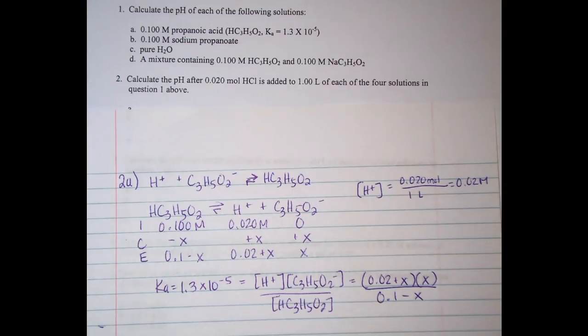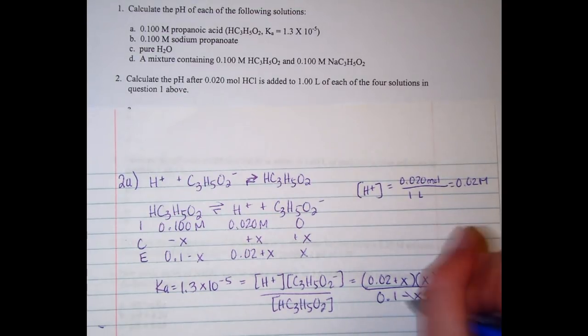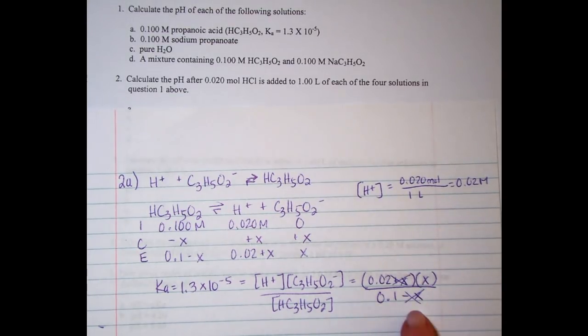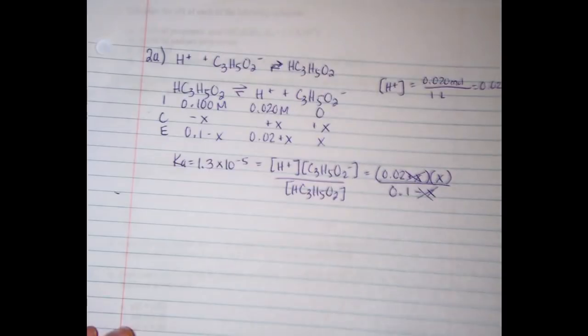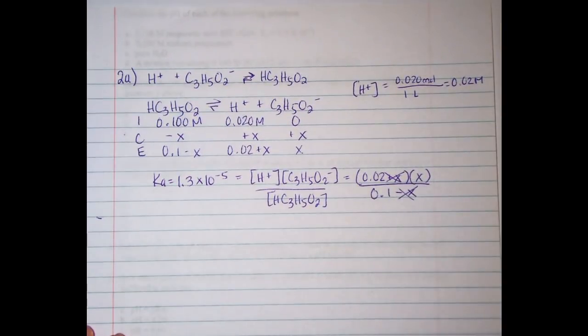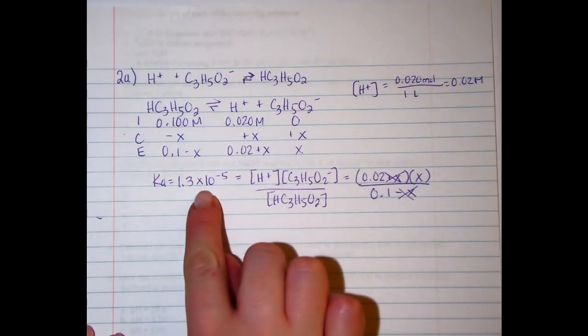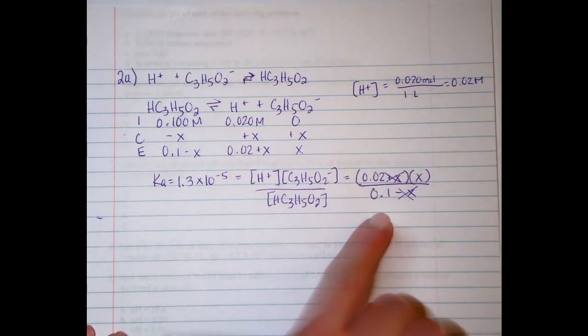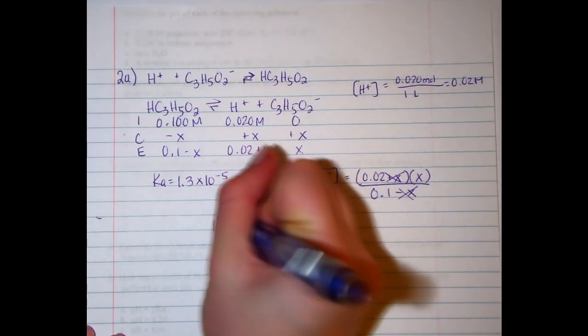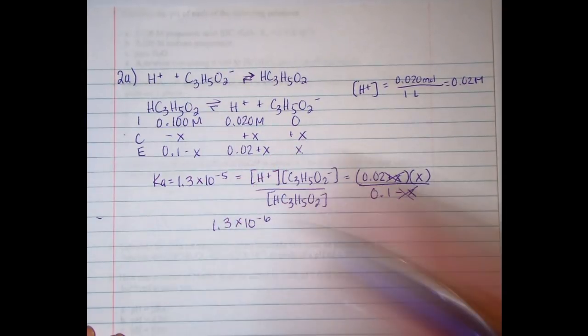So if I'm looking at this, I have these two x's ignored and this x stays. So let's see what I get. 1.3 times 10 to the negative 5 times 0.1 is 1.3 times 10 to the negative 6.